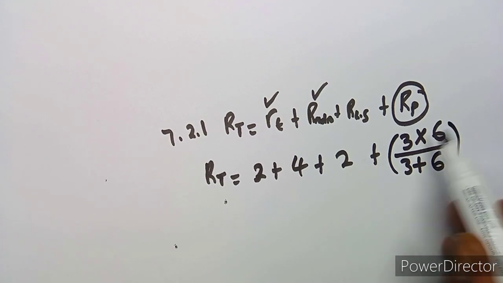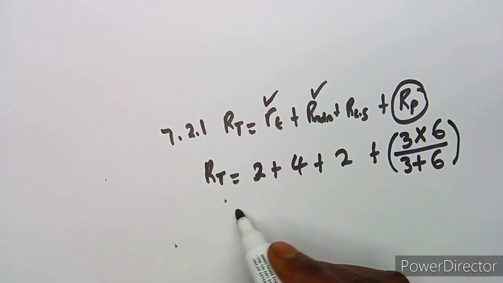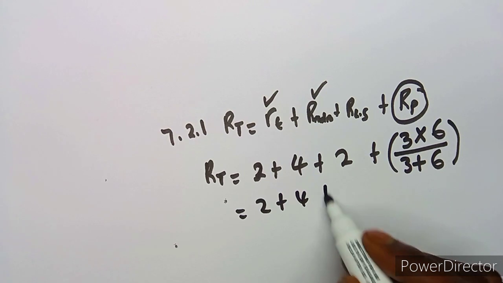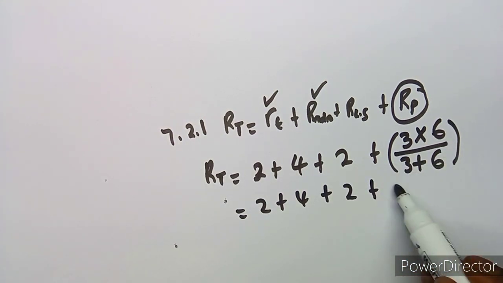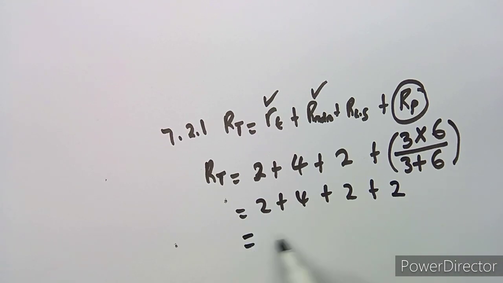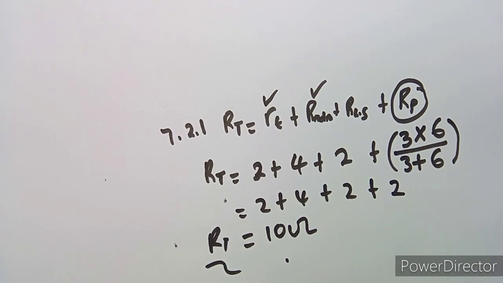Product over sum, you're done. That's your parallel circuit. So you add 2 plus 4 plus 2 plus, from this parallel circuit, we also obtain 2. If we add everything, that gives us 10 ohms. All right, so that's what we had, guys. This gave us 10 ohms. So let's move on to another part.